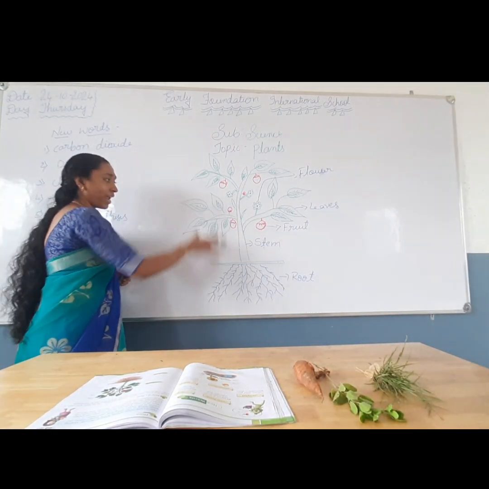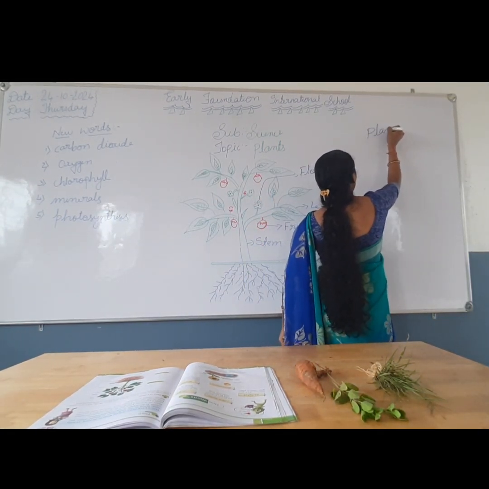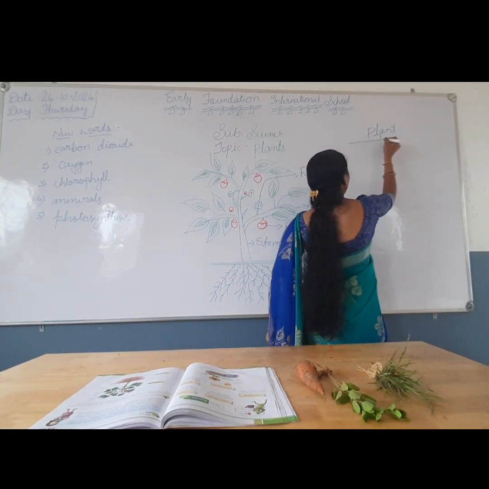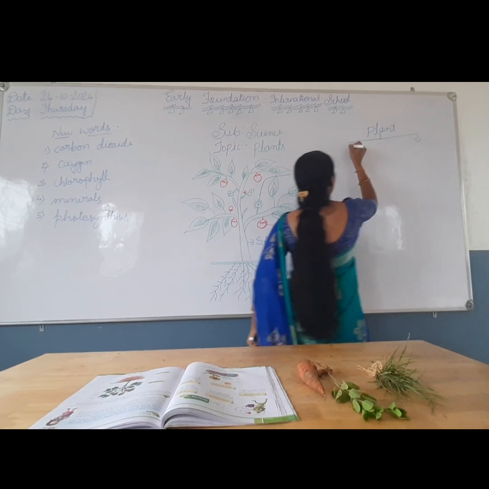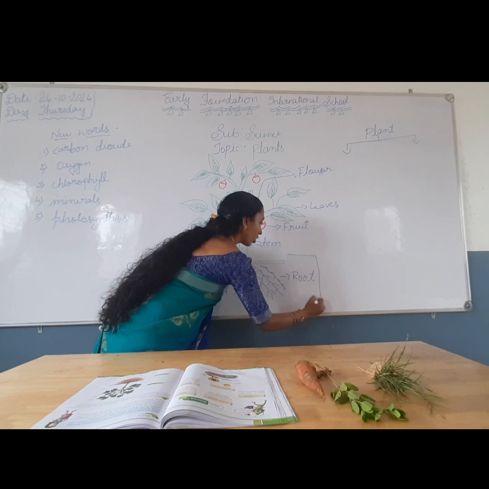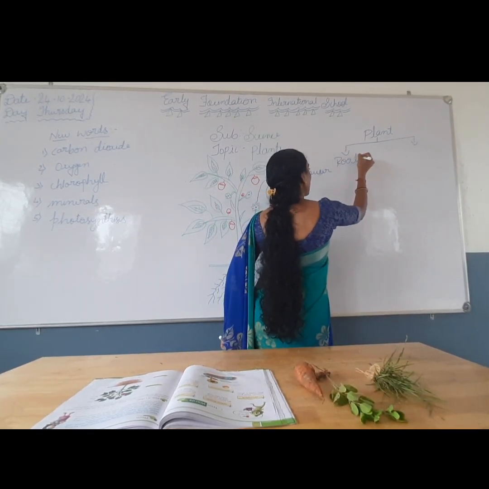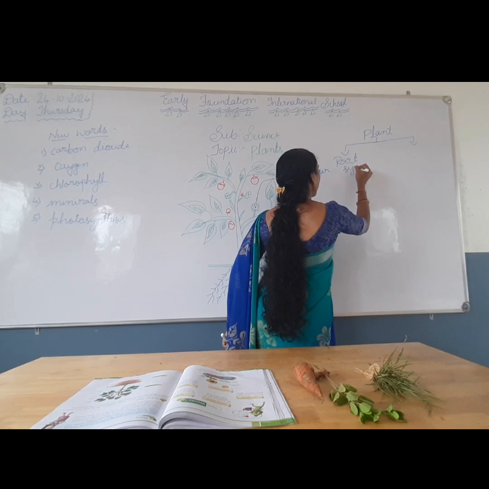In a plant there are two parts. We'll see what the two parts are. First one, from here, we call it the root system.